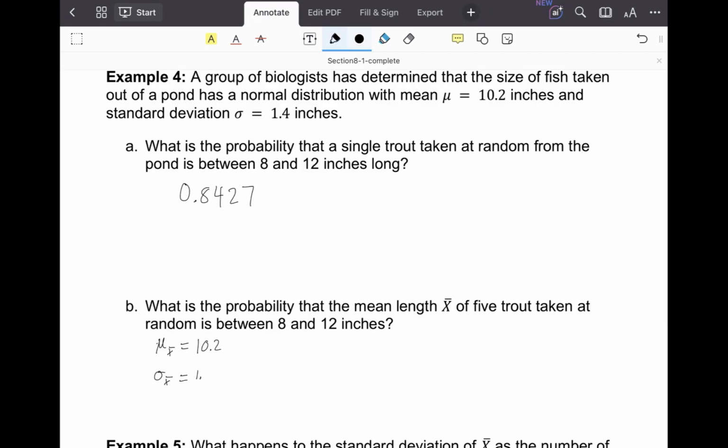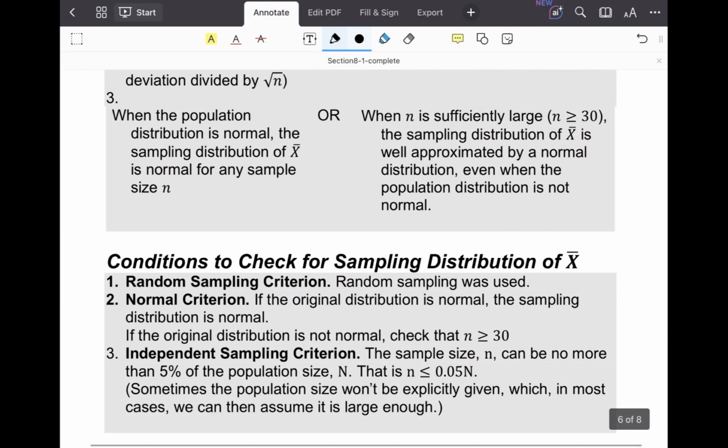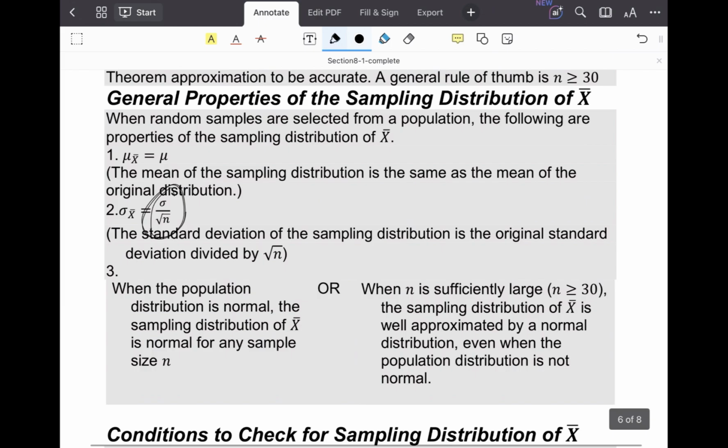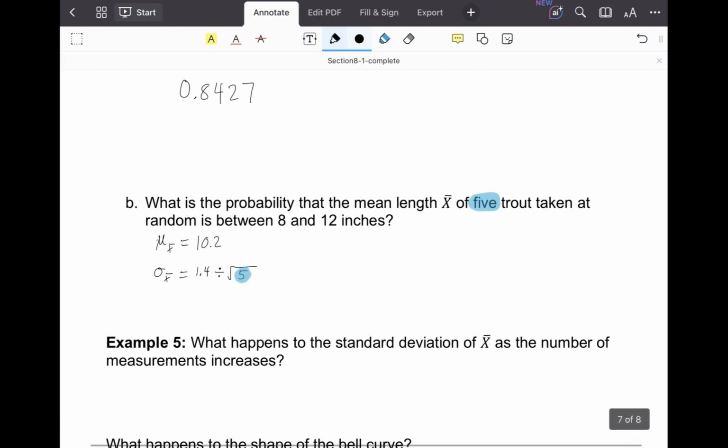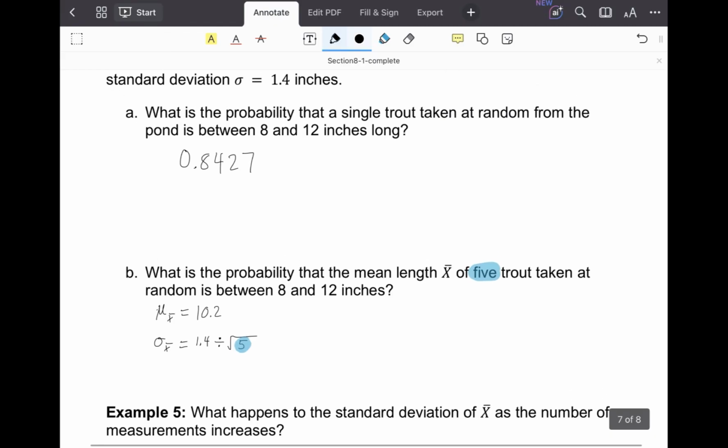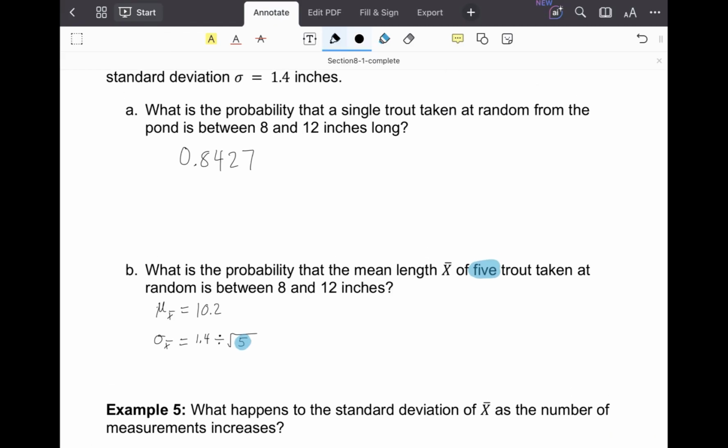We're going to take that 1.4 and divide by the square root of the sample size, which in this case is 5. This 5 here, that's the square root of n from this formula up here. We make that adjustment to the standard deviation, and we put in those limits. And once we do that, it will give us the probability.